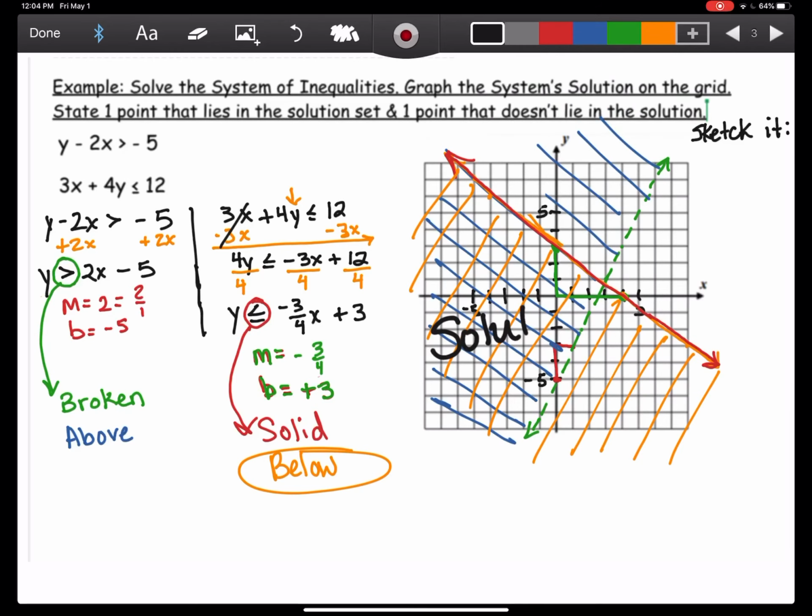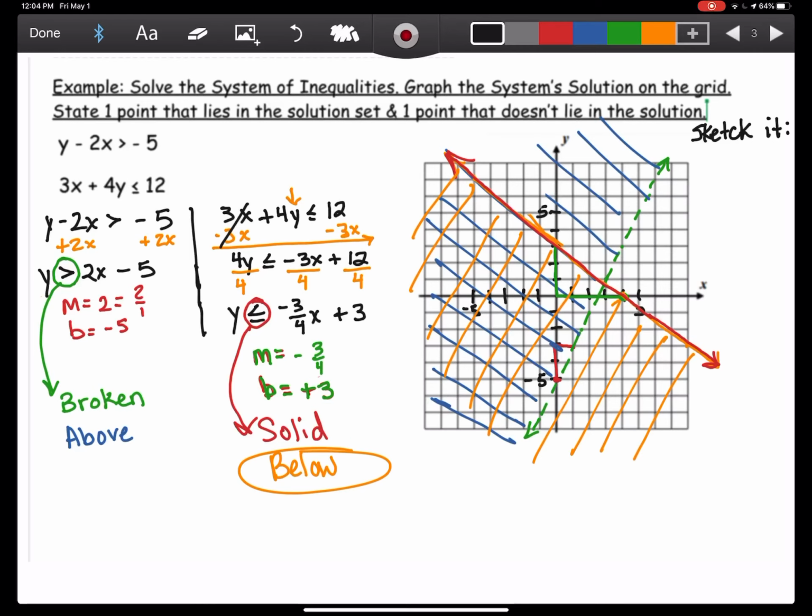Solution set. It's where the two color lines, in this case, the gold and the blue, overlap. Okay? So I'm going to move that out of the way for now. I'm going to end the video with the words solution set there.